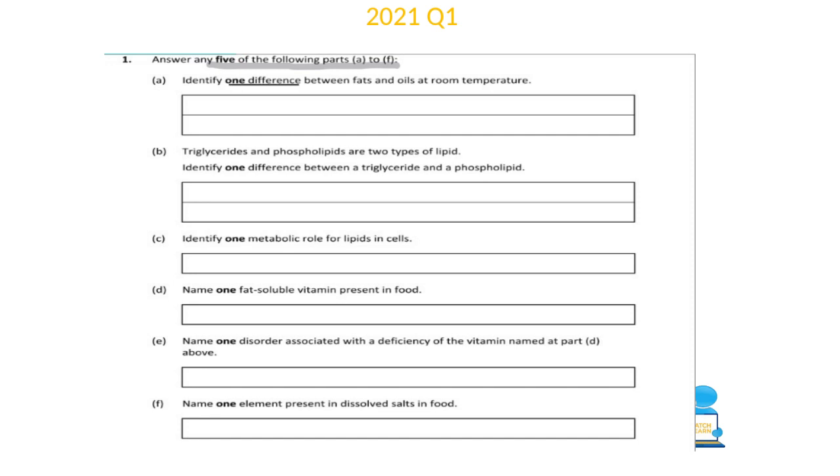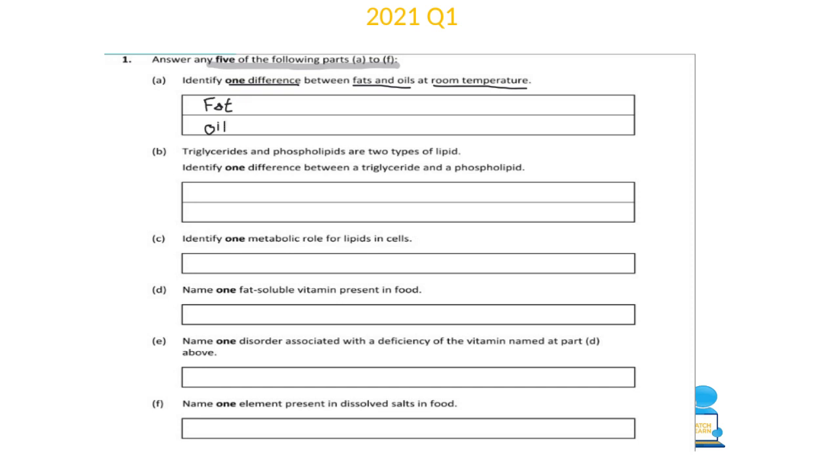So identify one difference between fats and oils at room temperature. So a fat and an oil, how do they differ at room temperature? So I want you to think of your butter and your sunflower oil and what's different between them at room temperature.